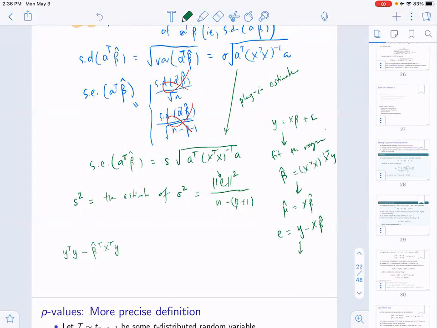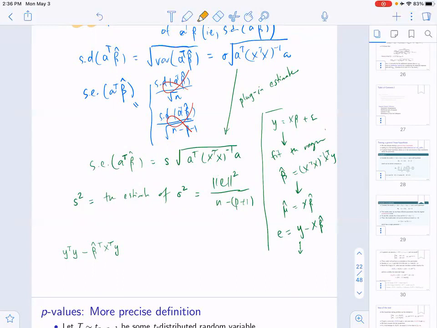Professor? Yes. Can you just divide by the degrees of freedom? The denominator is the degrees of freedom, and the numerator is SS reg. Which expression are you talking about?